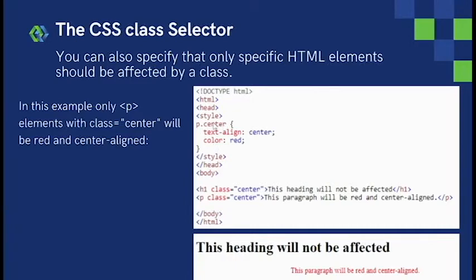So we call the P, which is this one, so only it is styled. As you can see here below. So that's the class selector.